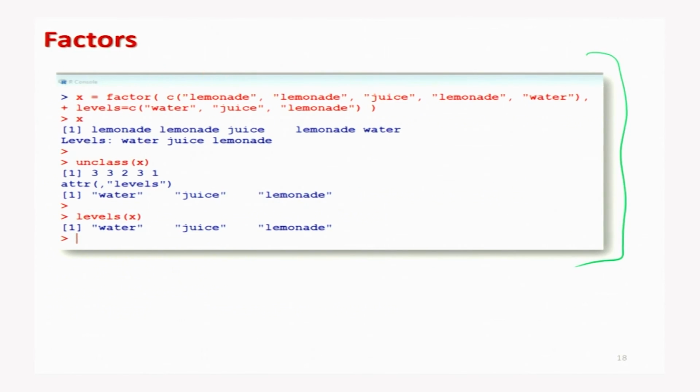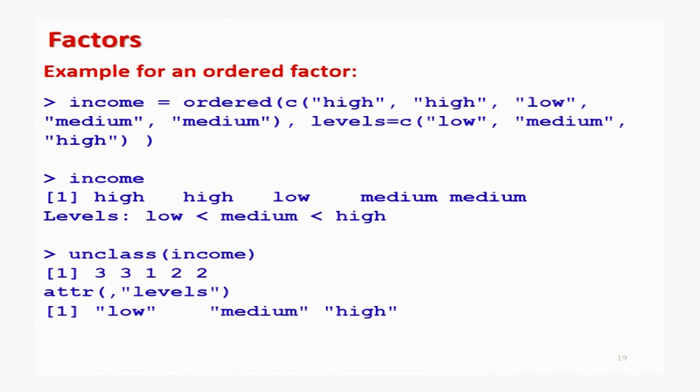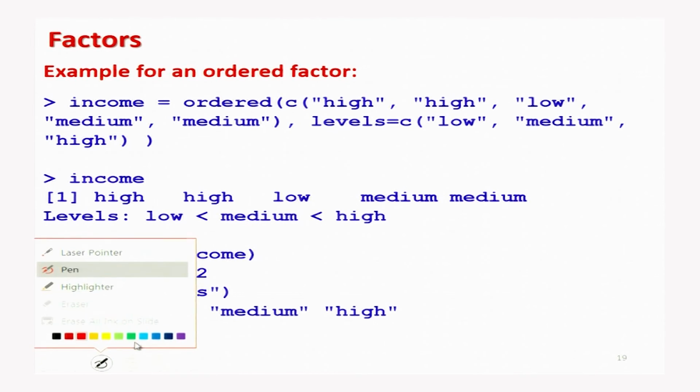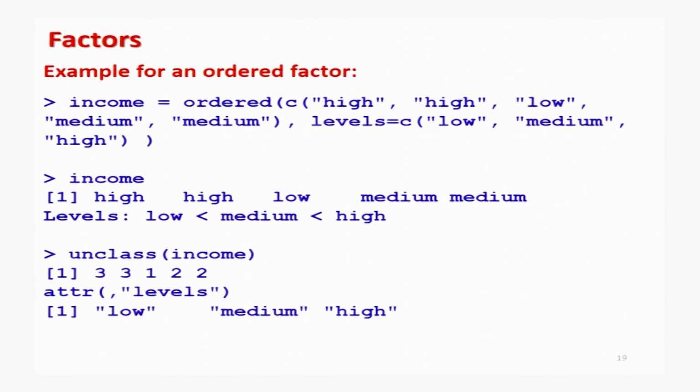After this I will give you the last example, where I use the command ordered. Whenever you have some data which is arranged in some order, suppose the temperature is low, medium and high.